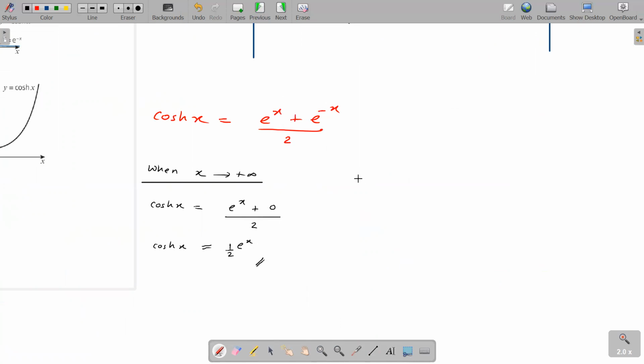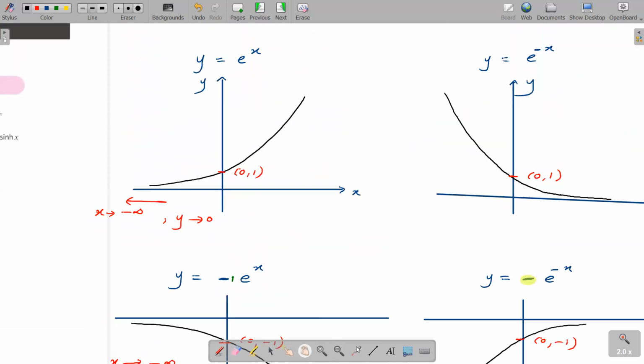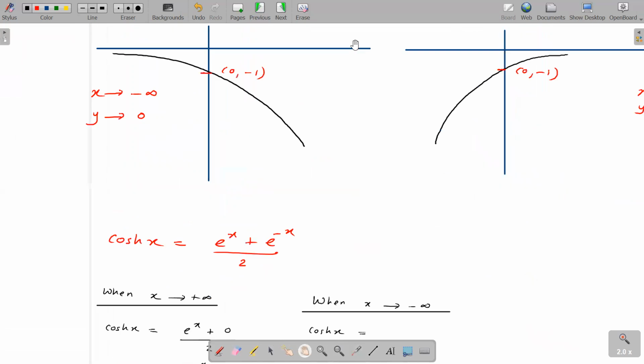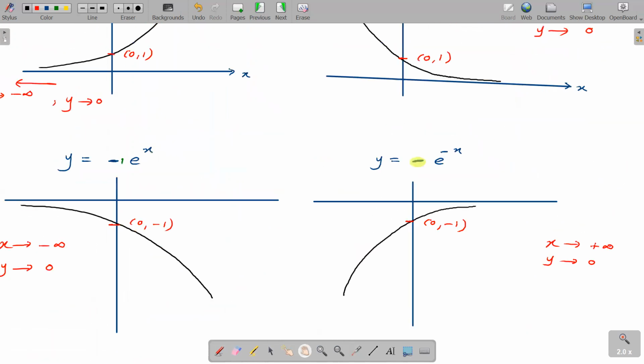All right, guys. And then when x is large and negative, what happens to e to the power x? You can see that the y value reaches 0. So that's going to be 0, and then plus e to the power minus x. E to the power minus x is this graph.